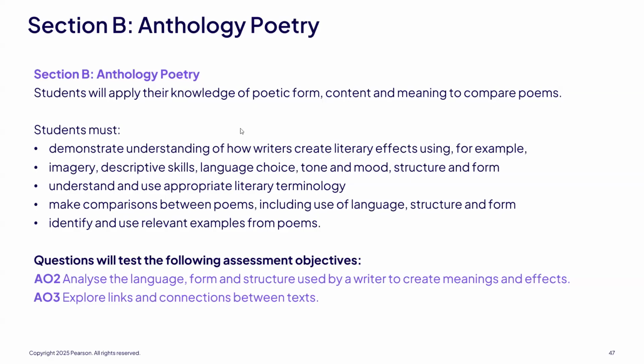They demonstrate an understanding of how writers create literary effects: imagery, descriptive skills, language choice, tone, mood, structure, form, literary terminology, and comparisons, including language, form and structure, with examples.